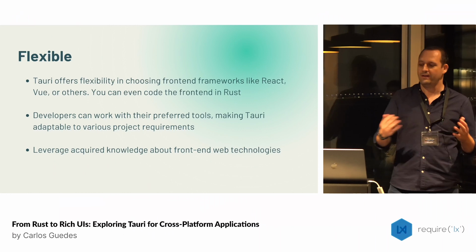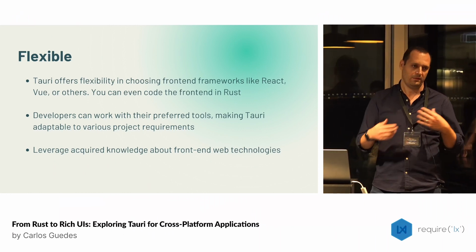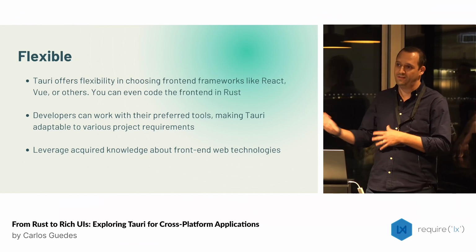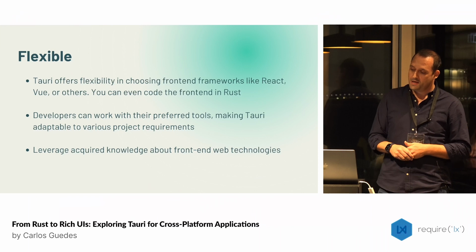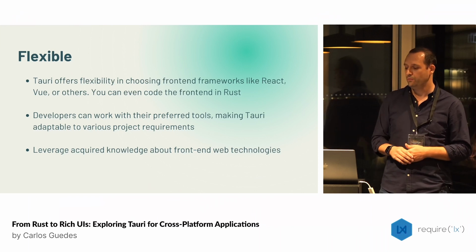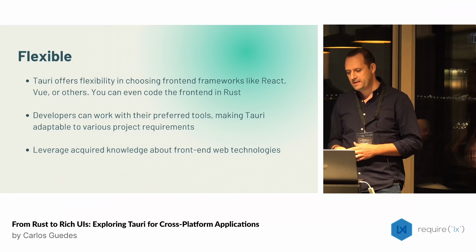There is a lot of flexibility on that side, and also an advantage because you can take advantage of knowing such technologies, so that you can use your preferred tools to work with Tauri, adapting to the project requirements. So it's good for that.